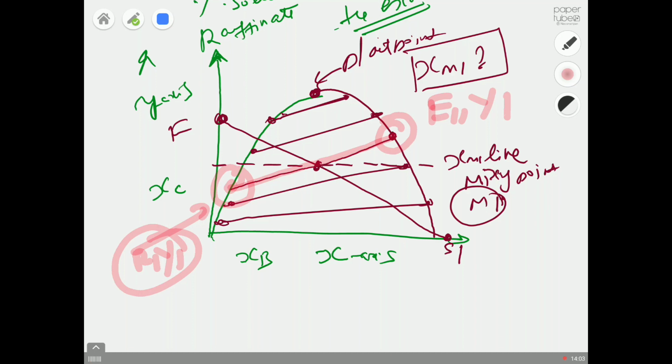What I will do is stop recording video in the paper tube. I am going to show you, probably I will use Panopto. I will show you how to plot your data, and then how to locate your feed point, and then how to locate your S1 point, and then let's draw a line.